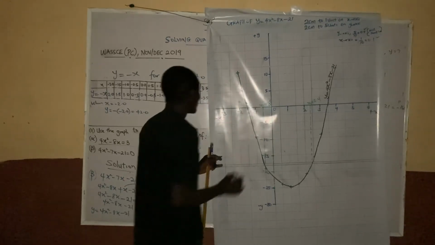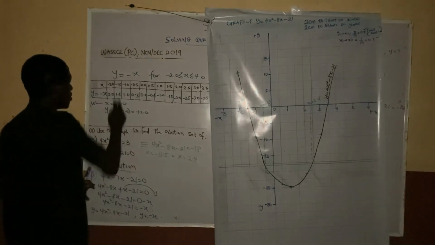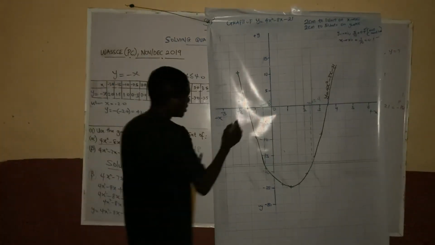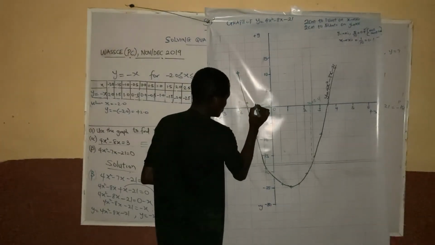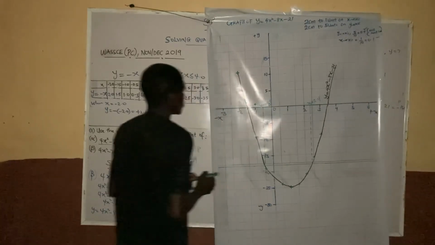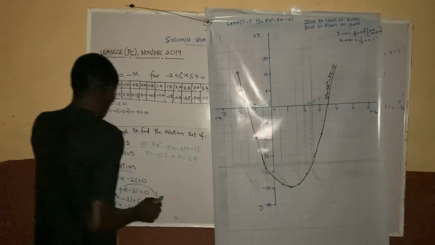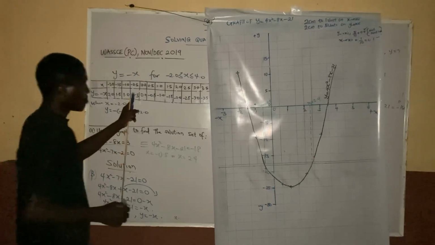The next one is minus 1.0 against 1.0. So this is minus 1 against 1.0. So also minus 0.5 against 0.5.